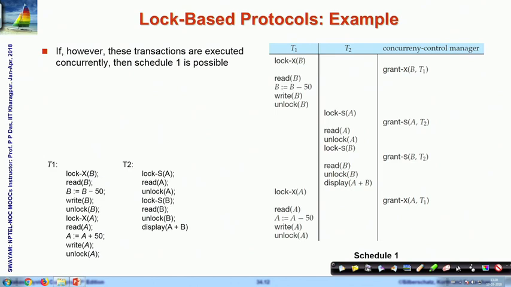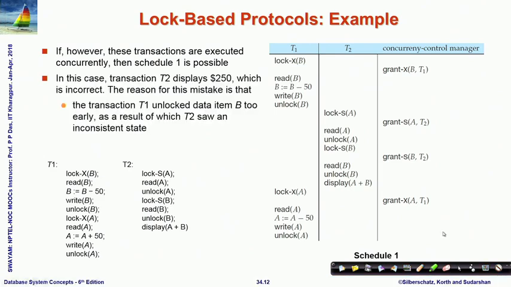In this schedule, transaction T2 will display only $250, it will not display $300. Why? Because this is where B has got updated. So, B has become $50 less, and then the whole of A and B have been read and displayed. So, naturally the total sum is $50 less.